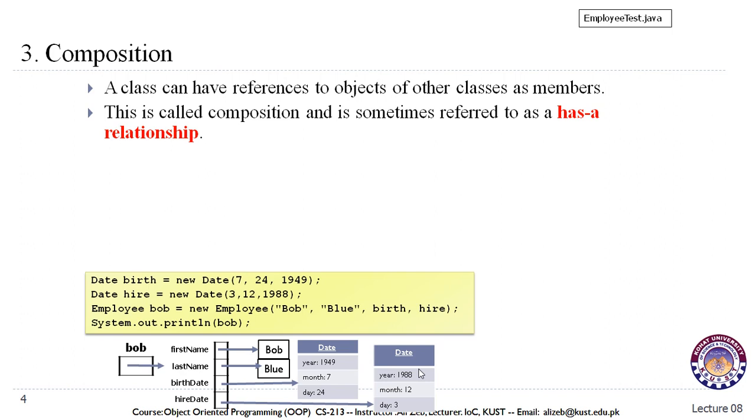Now we have a separate class for the date, and the date has its own validation and its own variables.